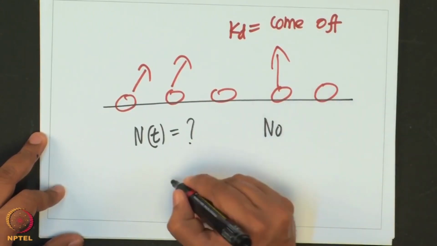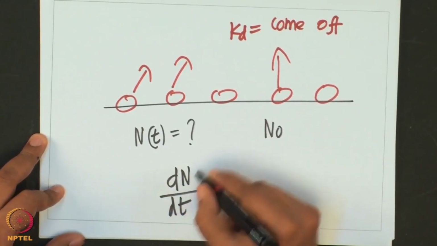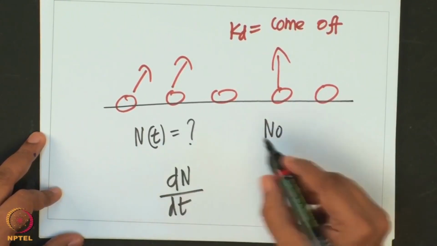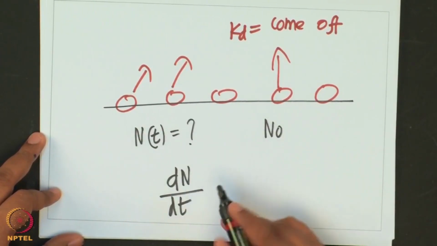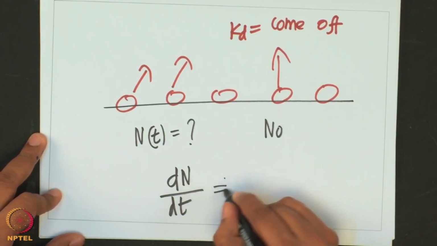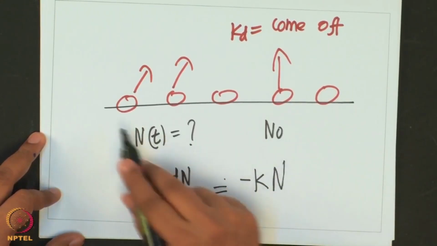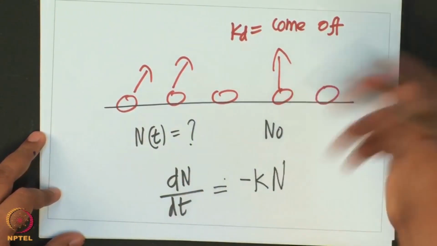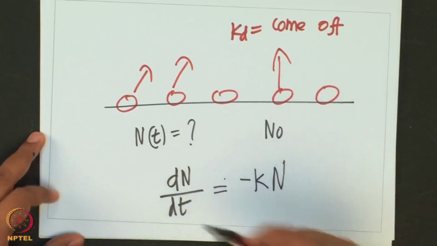We would write a similar equation. The number bound, n, where n is the number of proteins bound on this DNA, would change, dn by dt, and this would decrease, and this decrease would be proportional to the number itself. If there is a large number bound, all of them can come off. If n is 0, nothing is bound, nothing can come off.